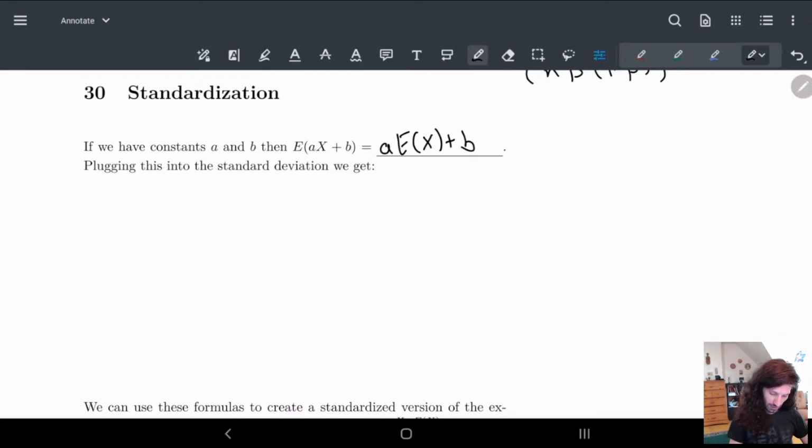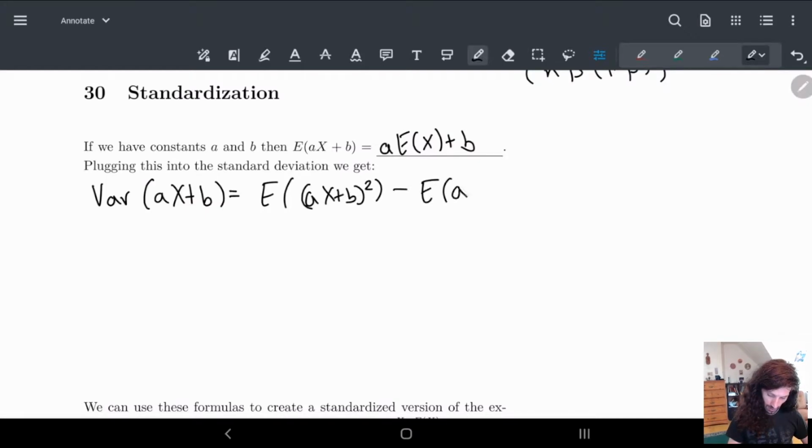If I look at the variance of ax plus b, I'll first have to do (ax plus b) squared minus E of (ax plus b) squared, right? This becomes nasty, but it's not too bad.